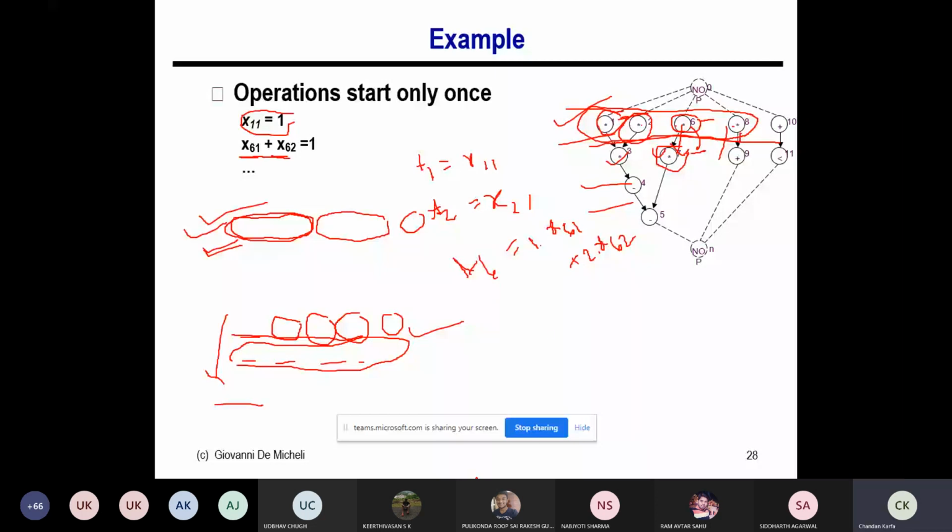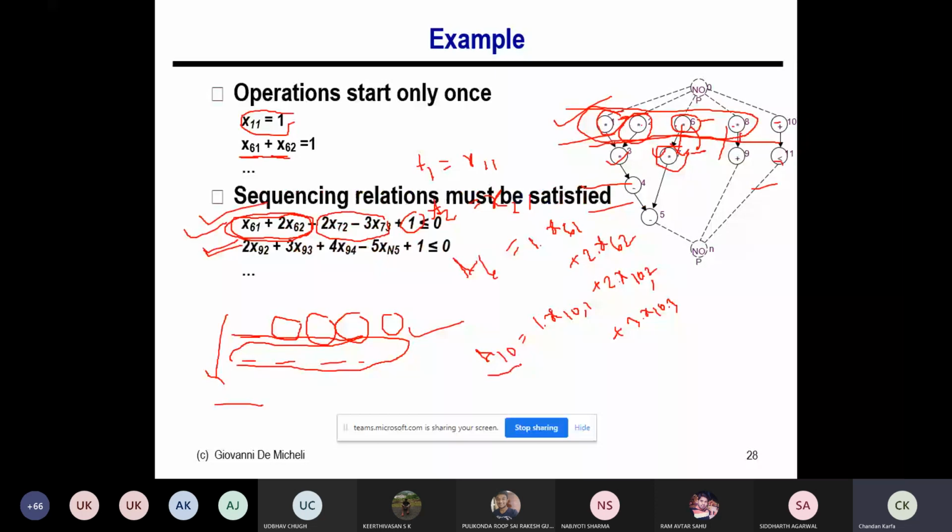T10 is basically 1 into x10 1 plus 2 into x10 2 plus 3 into x10 3, because operation 10 can execute in timestamp 1, 2 or 3, right? So this is the value of T10.